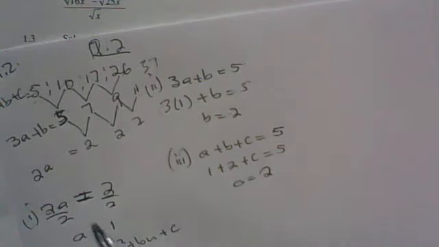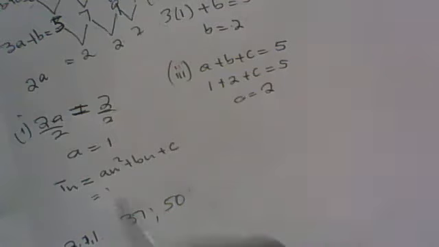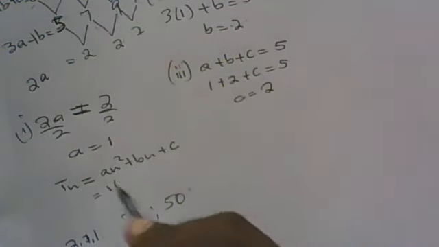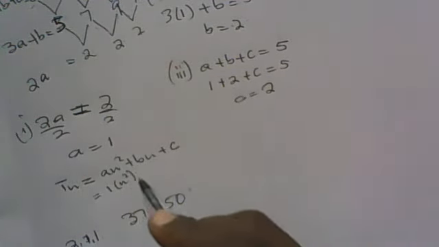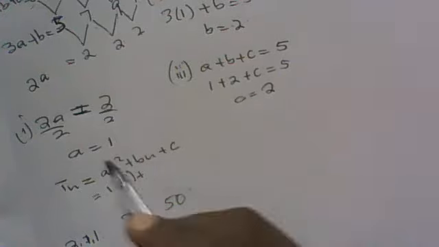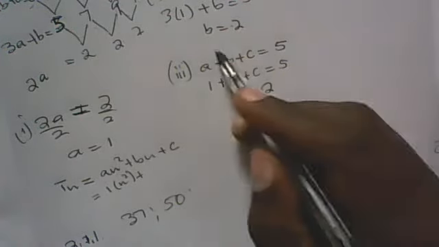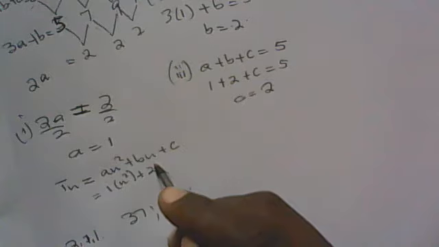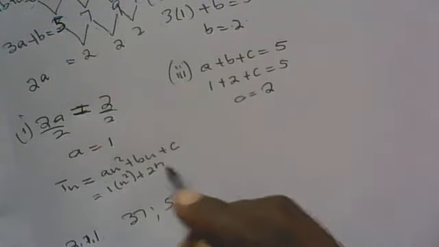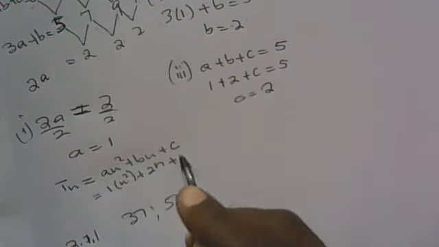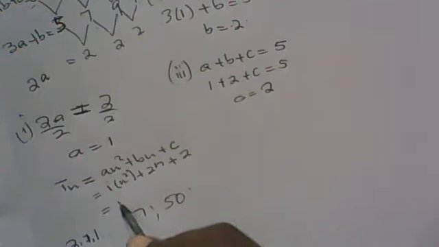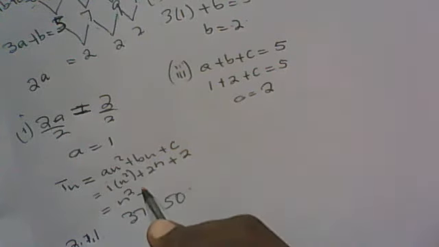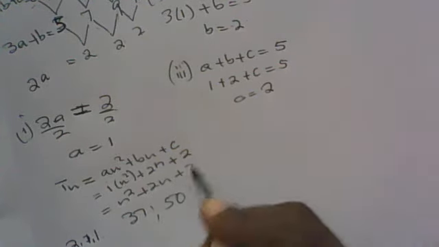We have our a is 1, then 1 times n squared, then plus b, your b is 2, it's 2 into n. Then plus c is another 2. Meaning this is n squared plus 2n, then plus 2.